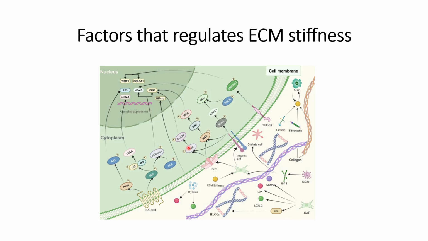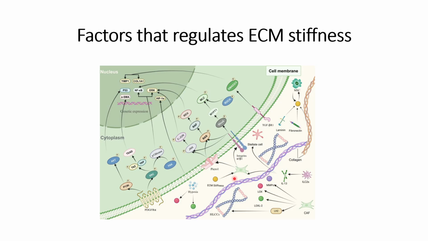And the other important pathway is HIF-1 alpha. It is basically to decrease the supply of oxygen or create oxygen deprived conditions, which will help the cancer cells to proliferate.